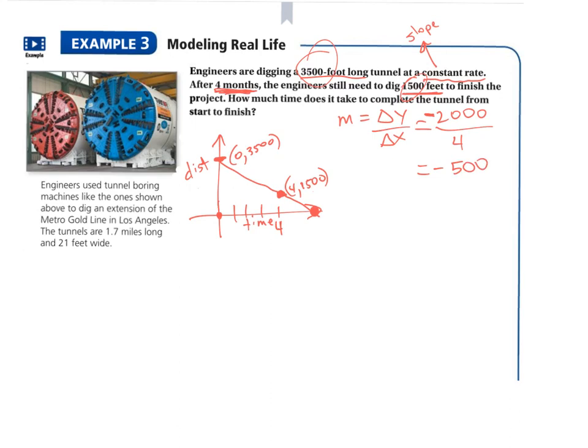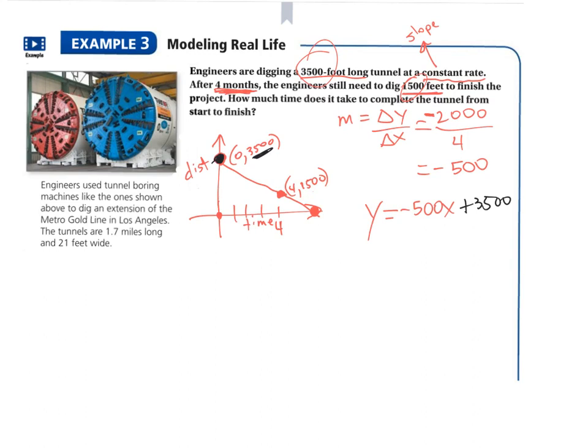Let's plug this in. y equals negative 500x, and what's my y-intercept? It intercepts y at 3,500, plus 3,500. Okay, so that's it. I'm ready to go.